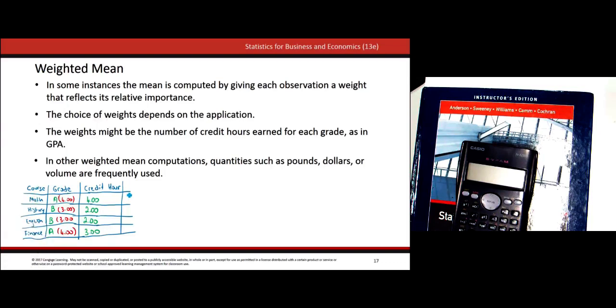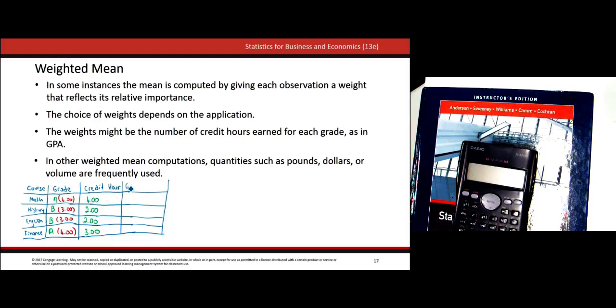Now how do we calculate the weighted mean in this case? The choice of weights depends on the application. In this case, since we are calculating the GPA, the credit hours are the weight.